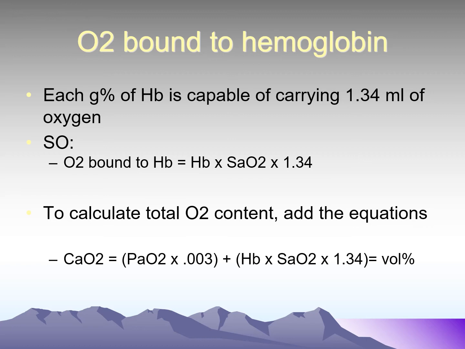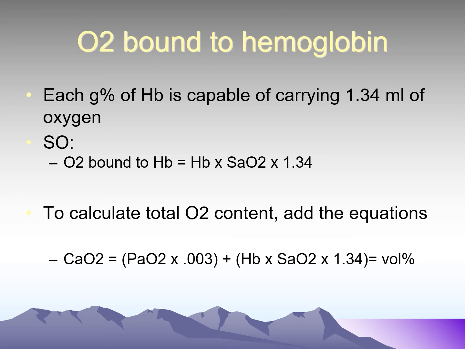Then as we go further down on the screen, when we're looking at the total oxygen content, the CaO2, we're basically taking both of those numbers together. We take the PaO2, the part that's dissolved in the plasma, times 0.003, and then add that to the part that's bound to the hemoglobin.